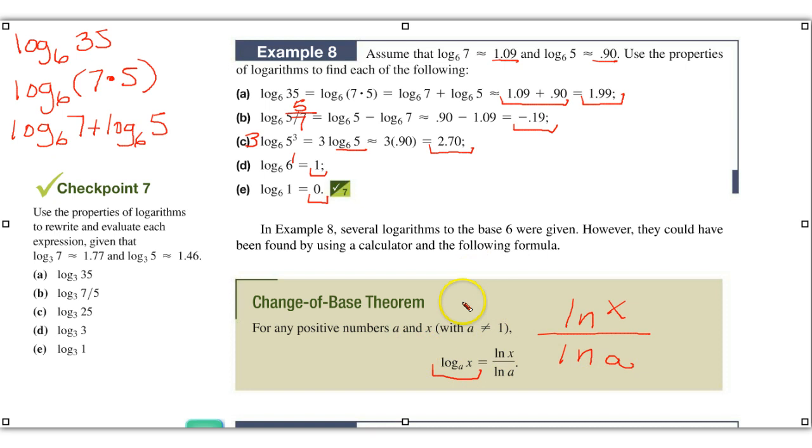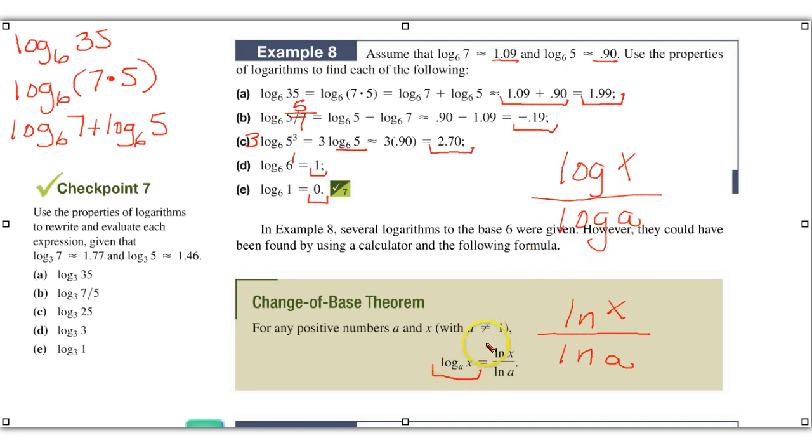Now, we could also convert this, as they will tell us here shortly, that we can do the log of x divided by the log of a, whatever the a is.